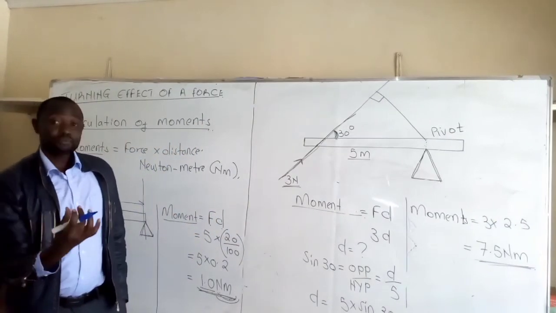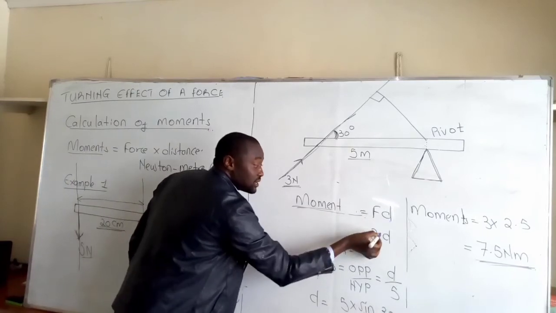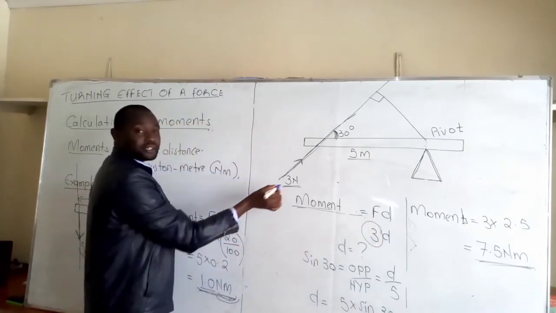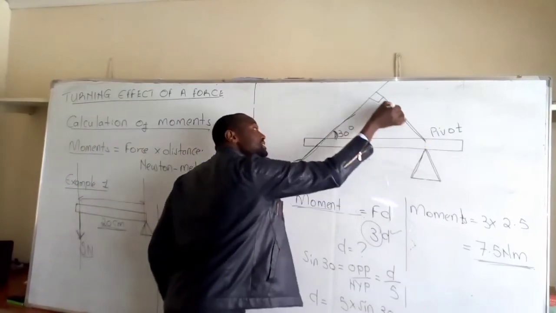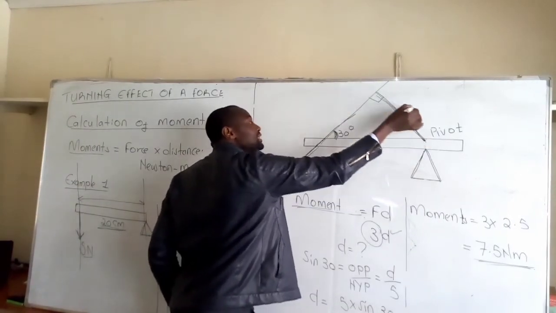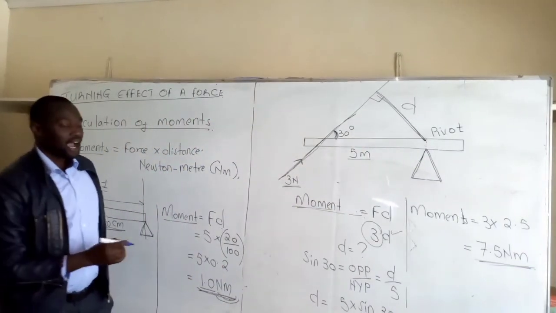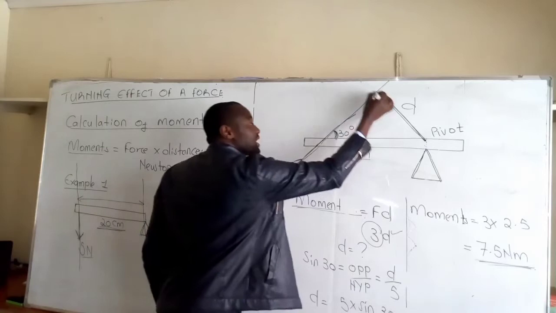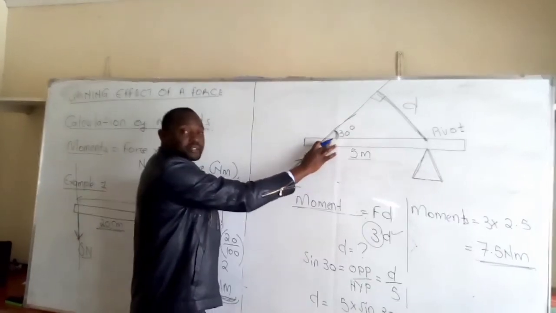At this point, our moment being force times distance, we already have the force, it's 3 newtons. We need now to calculate the perpendicular distance, D. How do we get it? This being a right-angled triangle, we can use trigonometric ratios.